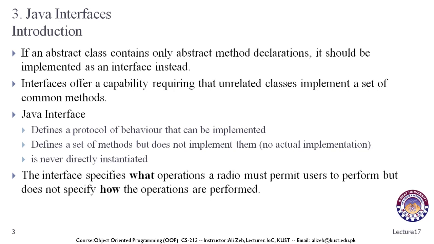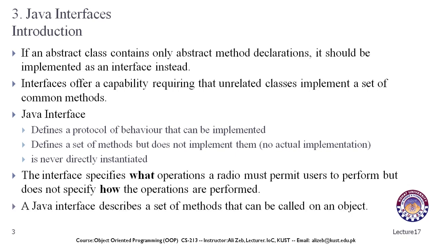We can only use the buttons, and those buttons perform some functions, but we do not know the underlying implementation of those buttons. So when we use a radio, we use some buttons to turn it on and off. We use some buttons to provide instructions to change, for example, the stations, but we are not provided with the implementation details of those buttons. And it can be true for any electronic object that we use.